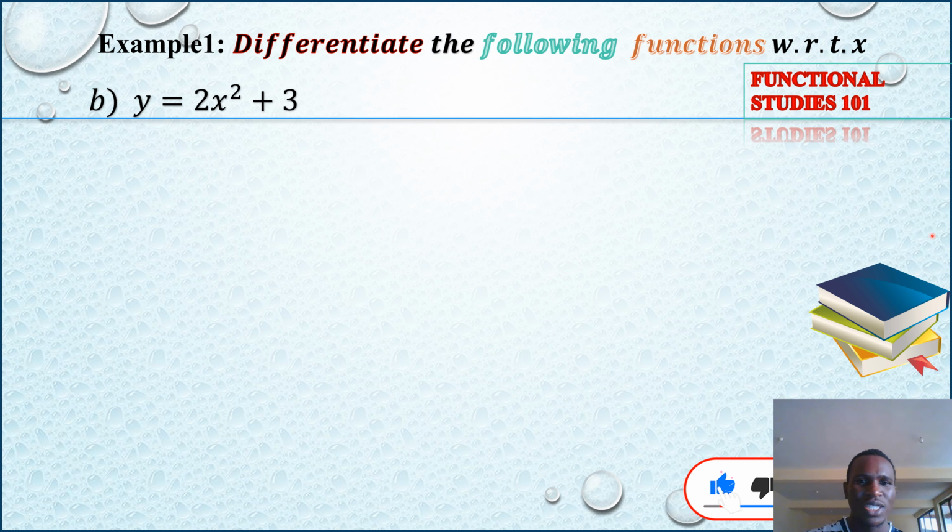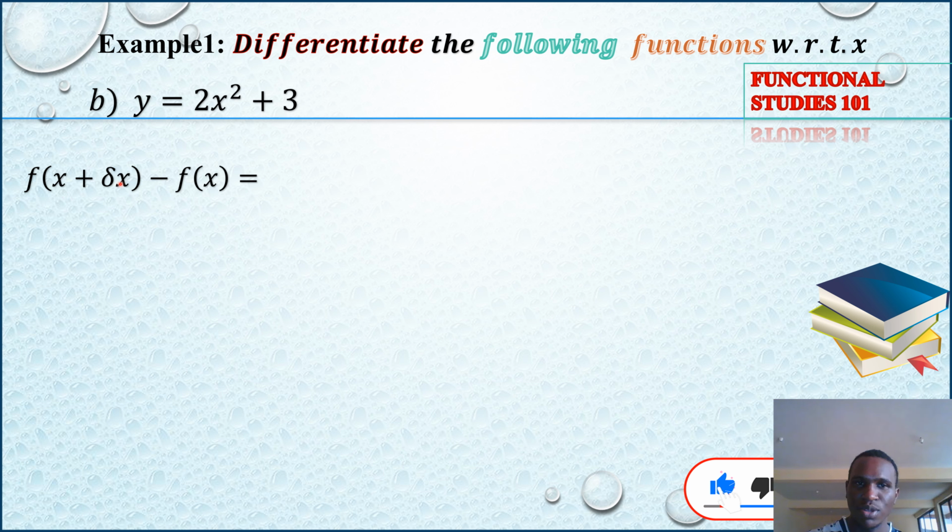Same approach, same everything. In step 1, we evaluate the difference f of x plus delta x minus f of x. So same way, I come to my function and I replace x by x plus delta x.